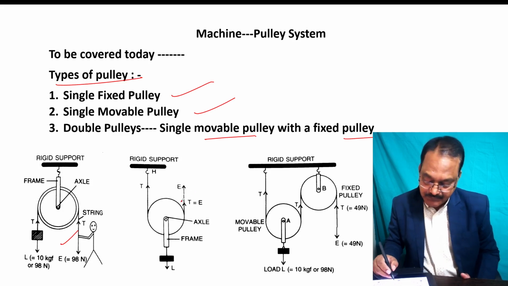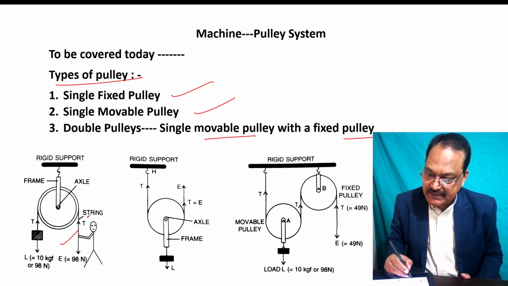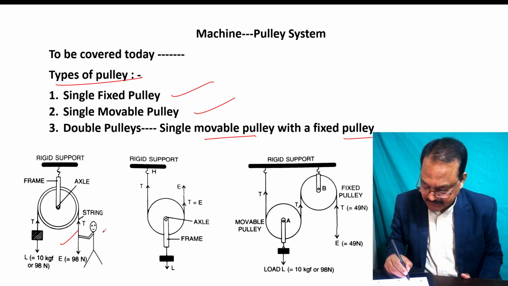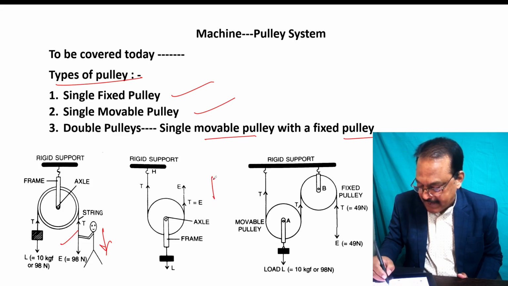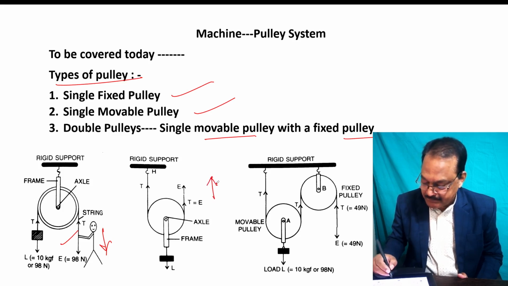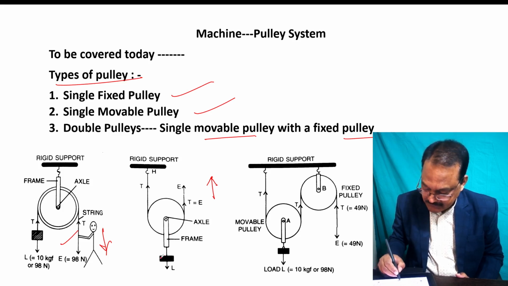In case of single fixed pulley, the effort is applied in downward direction. See here. And in case of movable pulley, the effort is applied in upward direction. But here the load is directly connected with the pulley. See, this is the load which is directly connected with this pulley. Right.